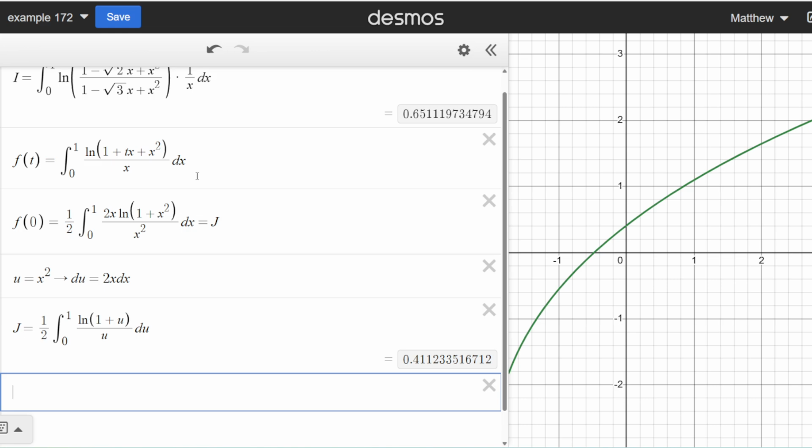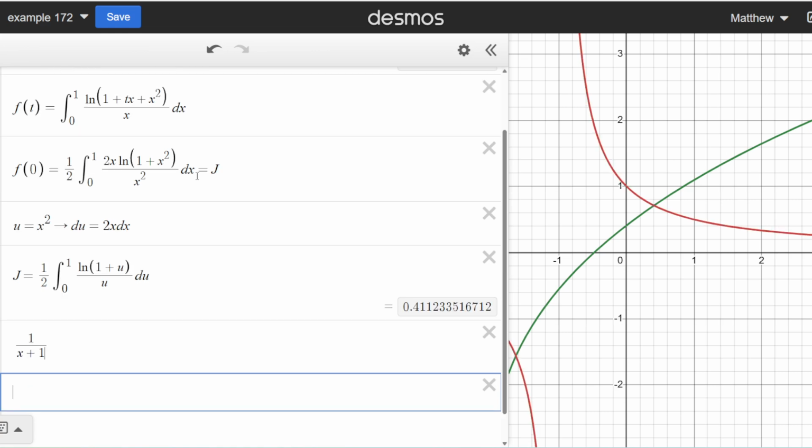Well, let's use a series expansion. Oh dear. Okay. So 1 over x plus 1, we know that that's the sum as n goes from 0 to, and I'm just going to put 10 in here, of negative 1 to the n times x to the n.